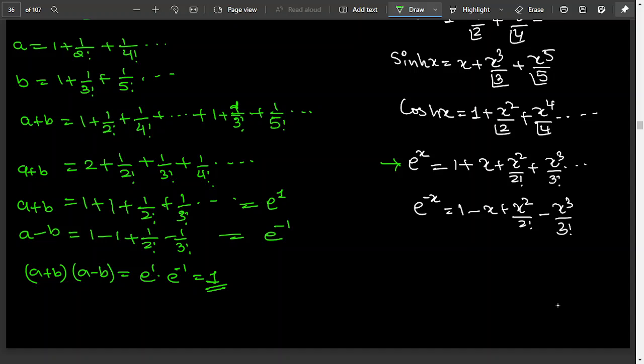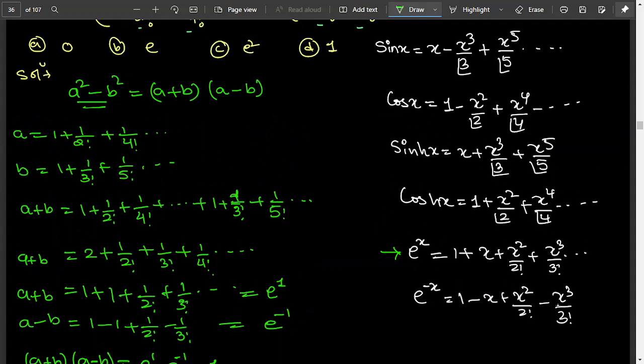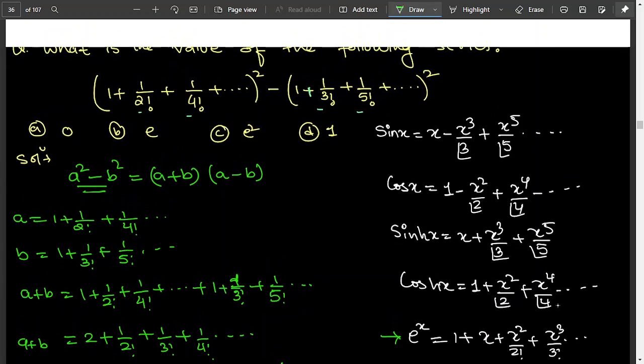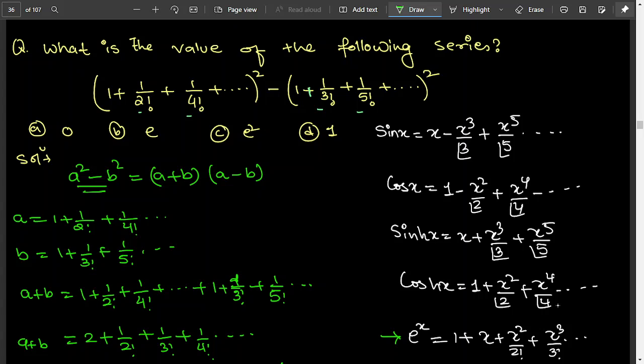So this was a simple method, but what if I use, because this exponent is almost similar to this cos x expansion, and this expansion is equivalent to the sine expansion.